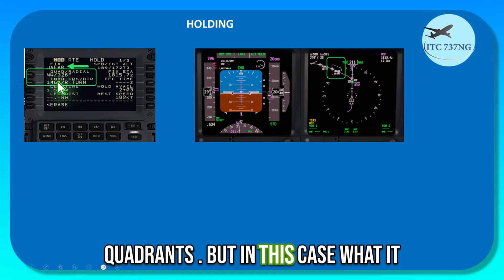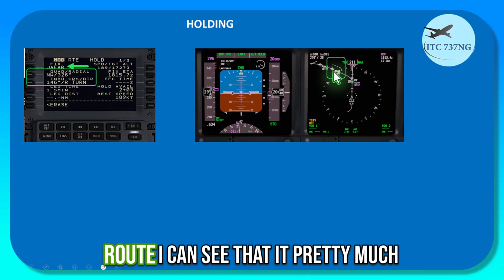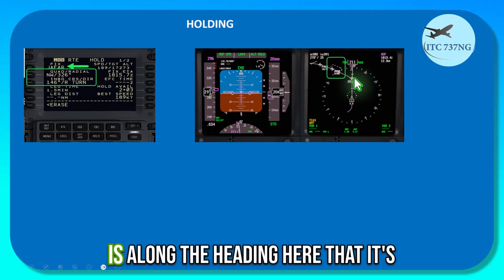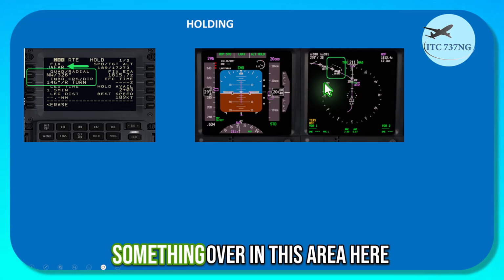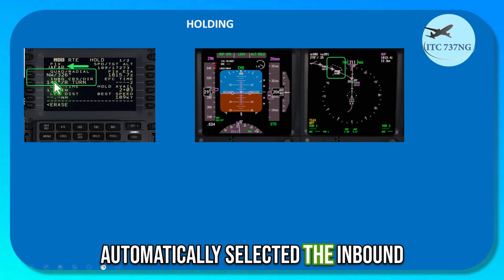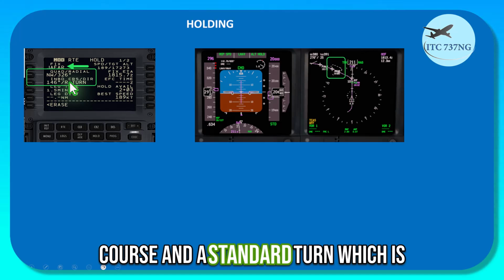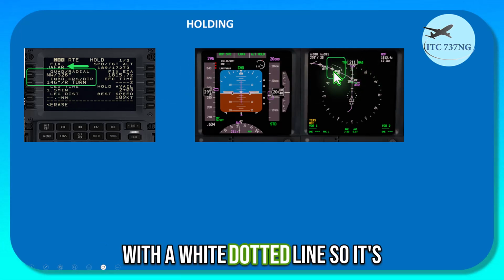But in this case, what it automatically did, because this route, I can see that it pretty much is along the heading here, that it's going to be 146 kind of something over in this area here when we make this turn. And so it automatically selected the inbound course in a standard turn, which is a right turn. And it depicts that here with a white dotted line.